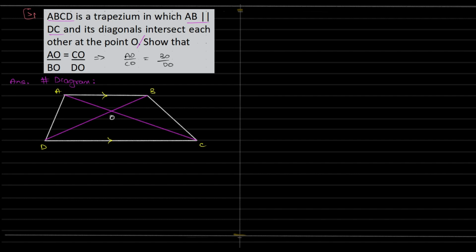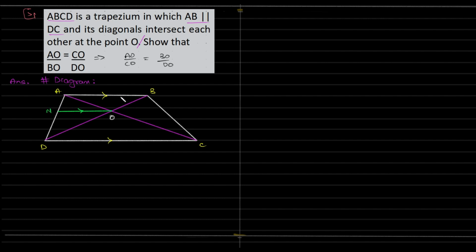But BPT asks for a line which is parallel to the third side, right? So what we can do is take this point and draw a line which is parallel to the third side. Say in triangle ADC, if I call this point N, and I draw a line NO parallel to DC, I have that BPT now.